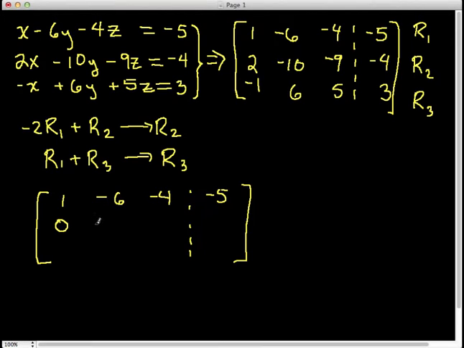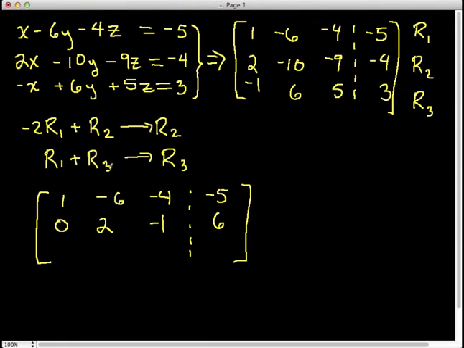Added to -10 gives me 2. Then I'll take -2 times -4 here. That gives me 8. And that will add to this -9 here. Then I'll have a -1. And finally, I'll have -2 times this -5. That gives me +10. Plus this -4. That gives me +6. Okay.